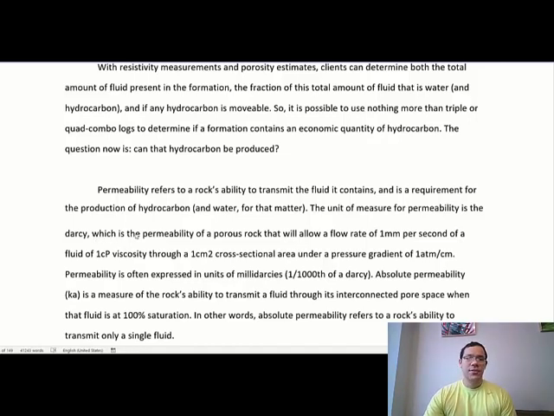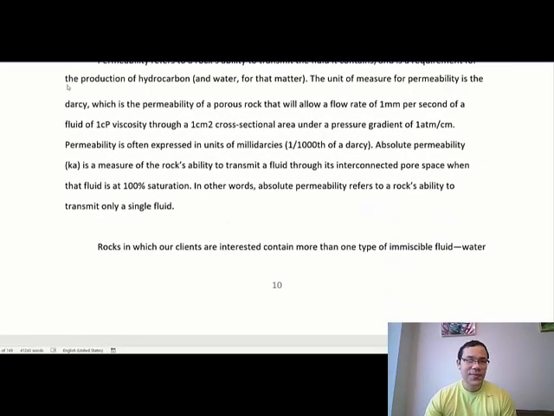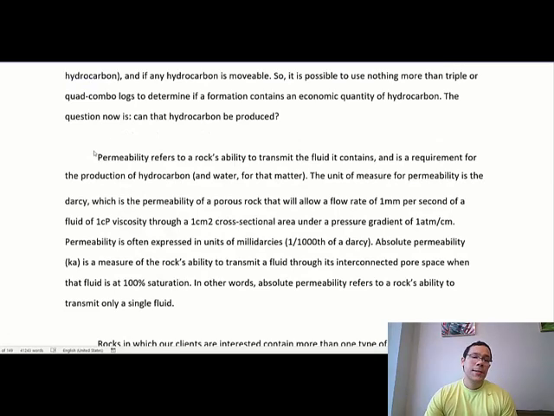A Darcy is the permeability of a porous rock that will allow a flow rate of 1 millimeter per second of a fluid of 1 centipoise viscosity through a 1 square centimeter cross-sectional area under a pressure gradient of 1 atmosphere per centimeter. Wow, that's a technical way of saying that it is a rock's ability to transmit the fluid it contains. But yes, you will hear about Darcy.